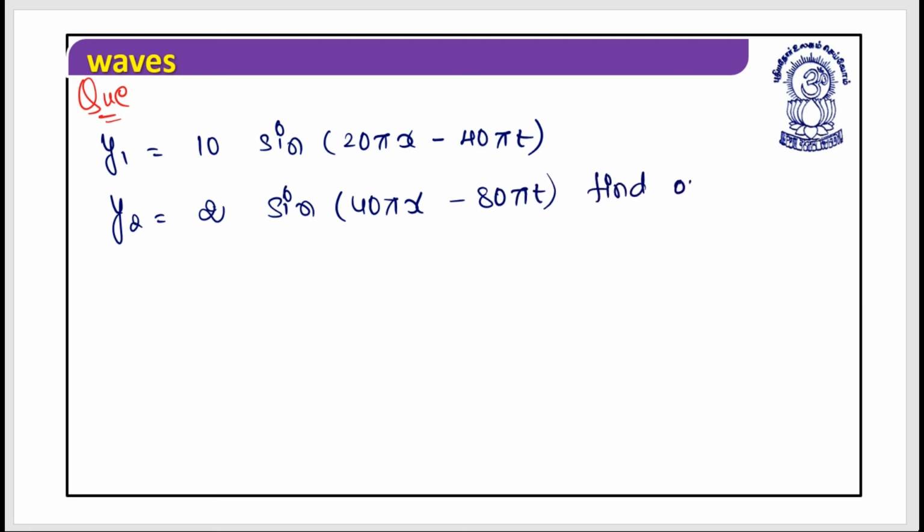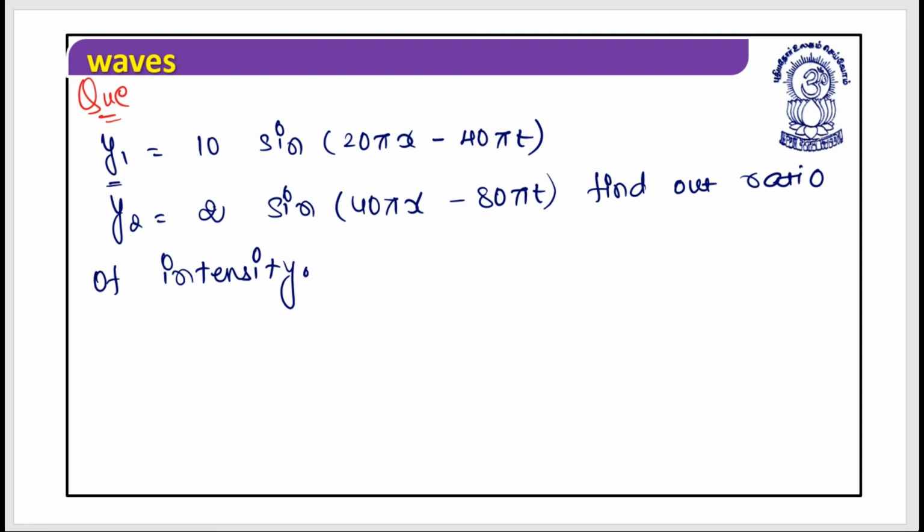Find out the ratio of intensity. This is the requirement. How will we do this? What is to be done? We need to find out the ratio of the intensity.